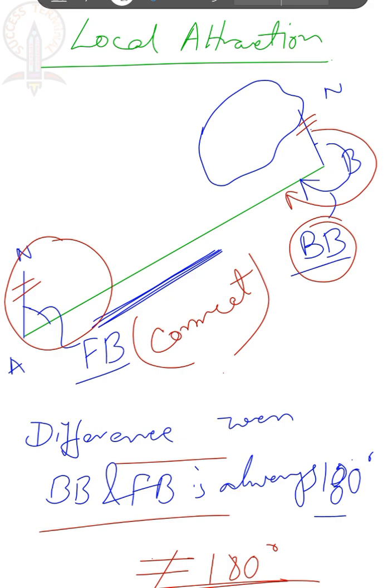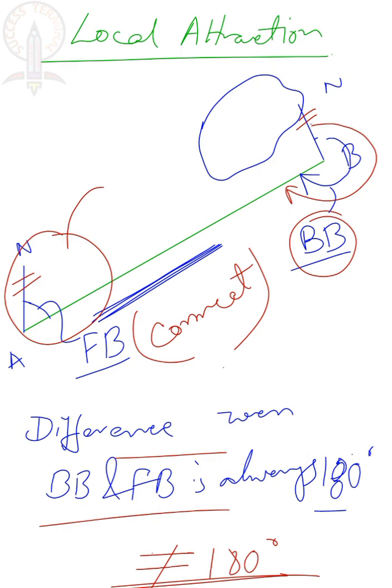Therefore local attraction value can be calculated using this phenomenon, but it should be mentioned that station A is free from local attraction. Now what happens if in a problem you find that for a specific line, the difference between forward bearing and back bearing is 180 degree?